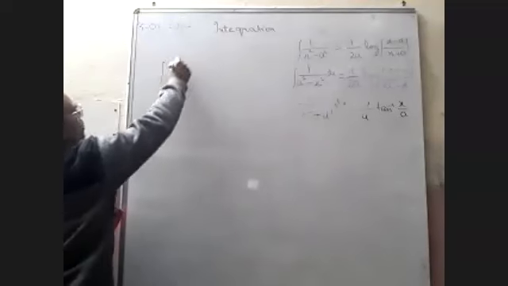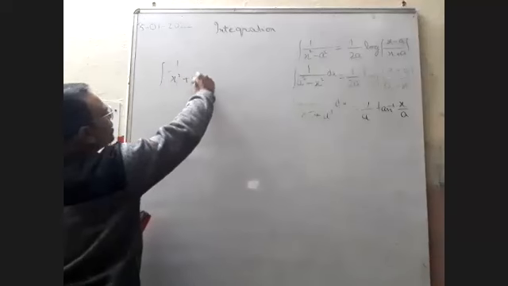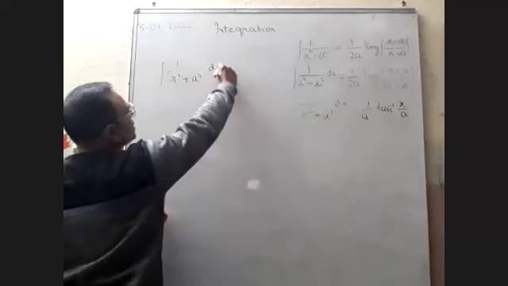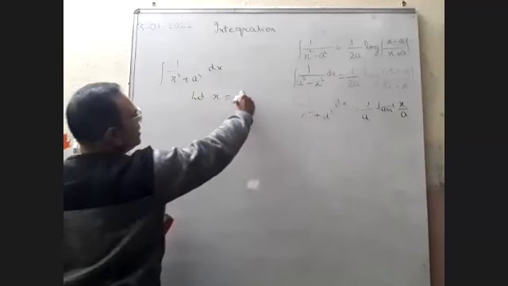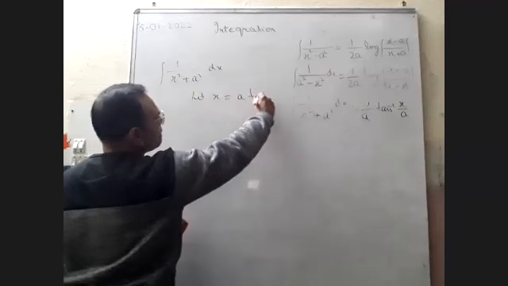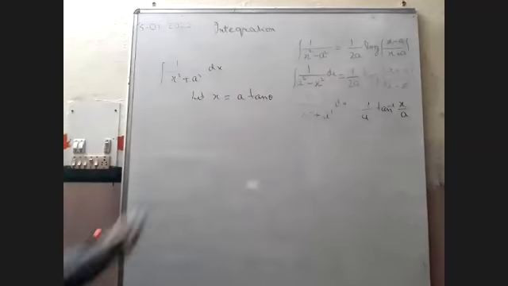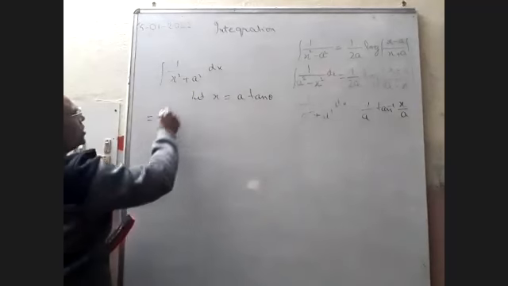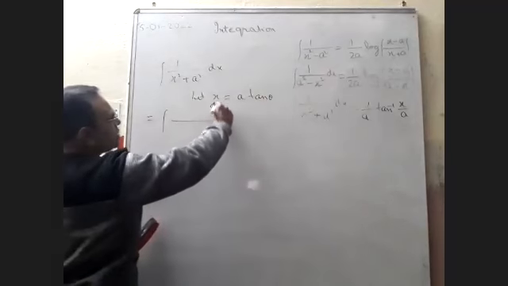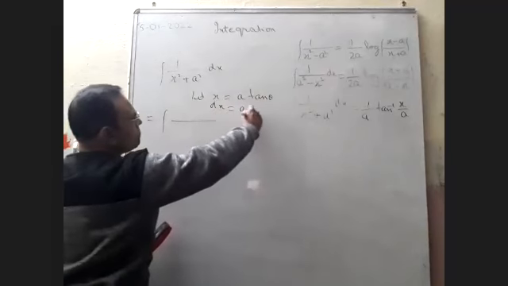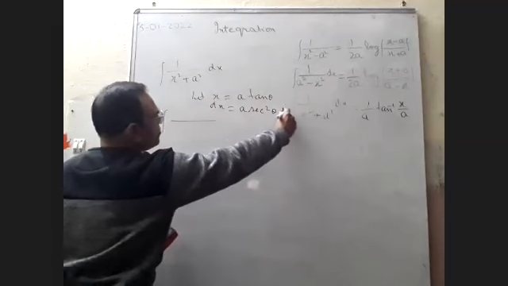Just see here, 1 upon x square plus a square. It is not in the standard form. We are assuming that x is equal to a tan theta. So dx will be a sec square theta d theta.